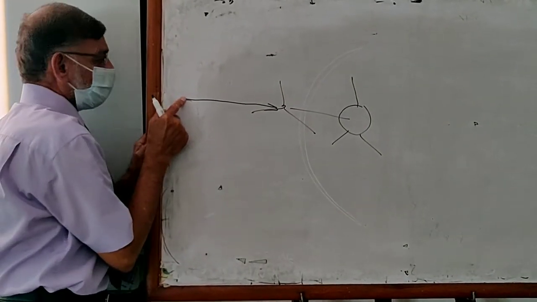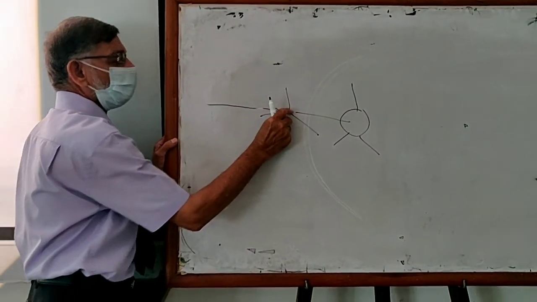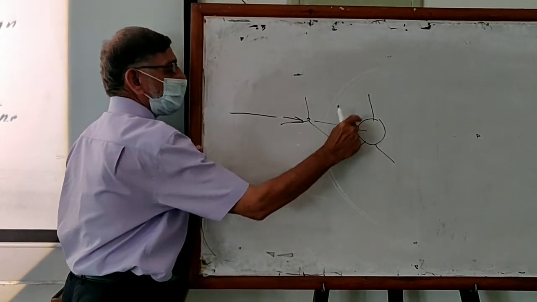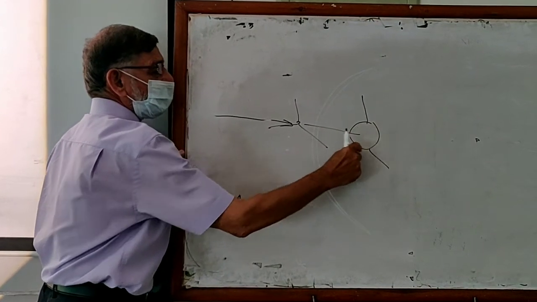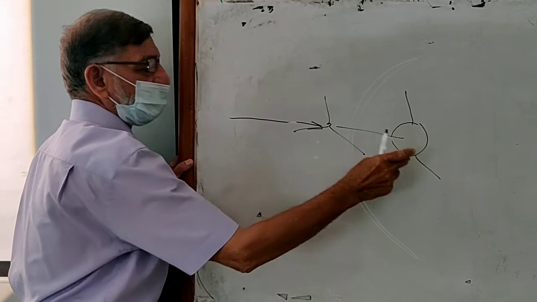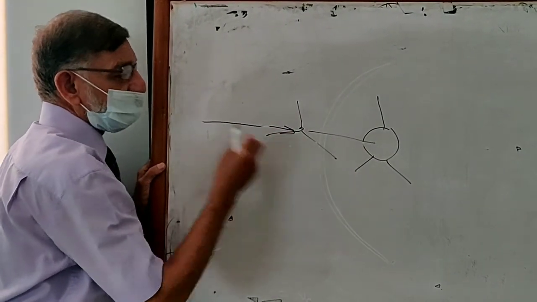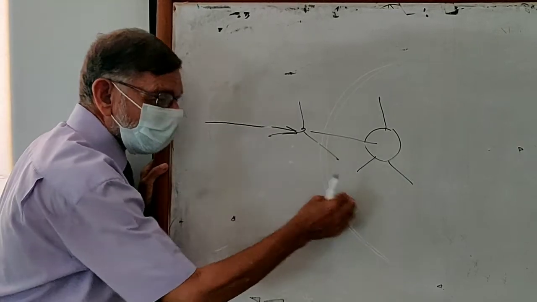This is the line through which you are looking into it. You will be able to see this dot, and the axis would be like this, and you can see a circle around it. This methyl is exactly behind it, this methyl exactly behind it, this methyl exactly behind it. This is the representation of the eclipsed form.